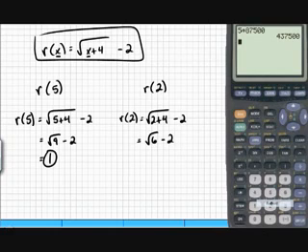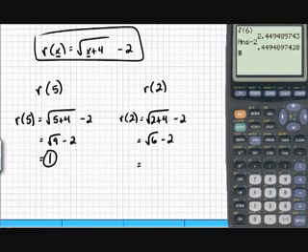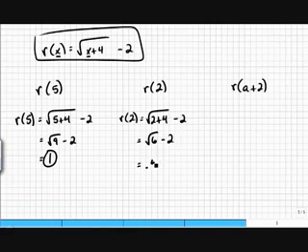Let me get the calculator. So here we go. Let's type that in. We have the square root of 6, and to get an approximate answer, there's this approximate answer, and then we do that minus 2, enter. So we have r of 2 is equal to about 0.449. We'll round it off to 3 decimal places.